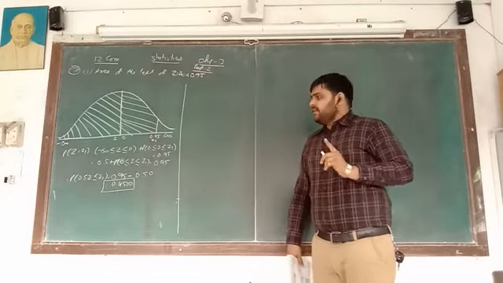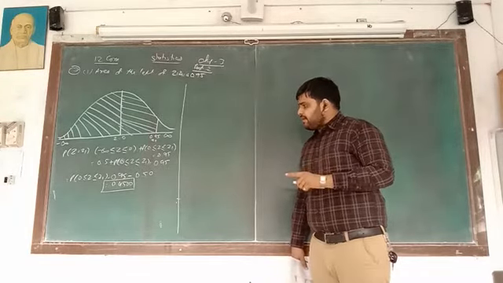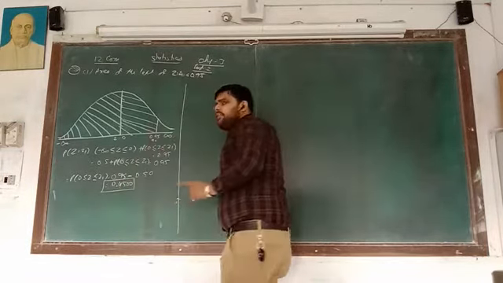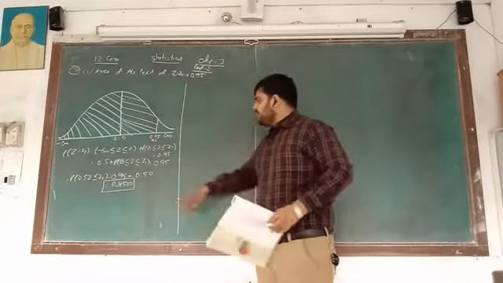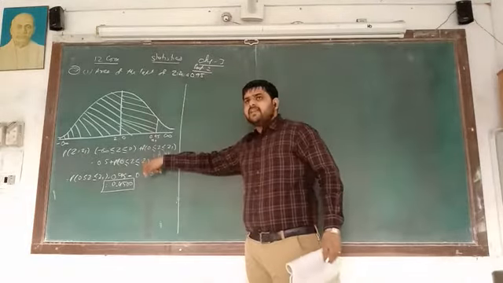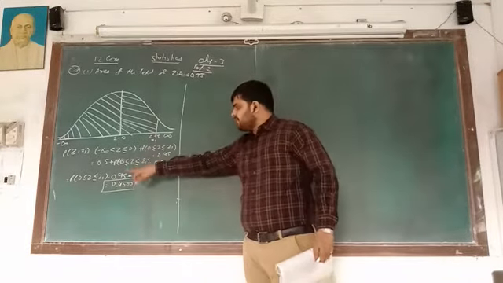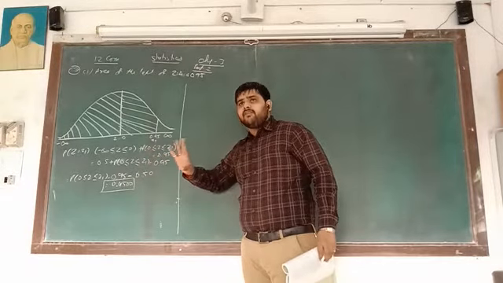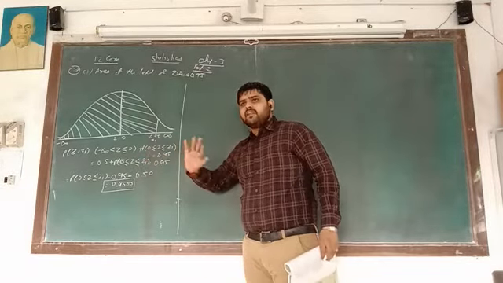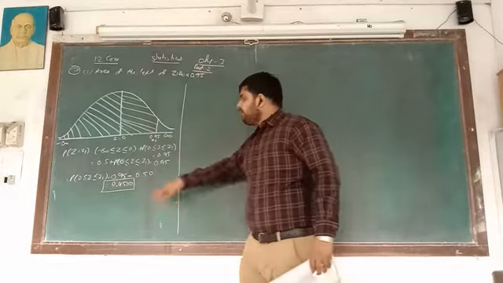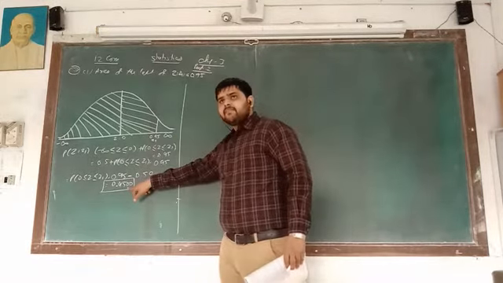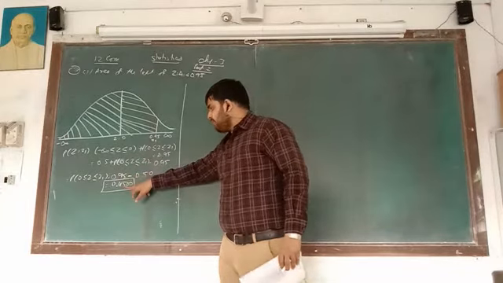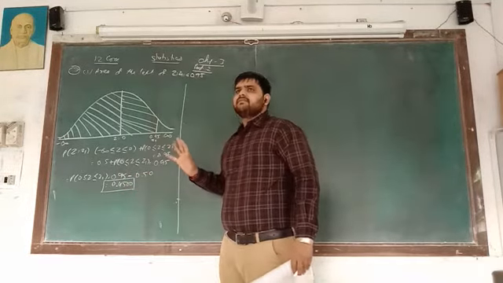Okay, now 0.45, this is your answer. Up to this example, what did we have to do? We had to get the value of z1, and on the basis of z1, we had to find out the probability area. In this example, it's totally reverse, totally opposite. We have the value of the probability area, and on the basis of this probability area, we have to find out the value of z1.